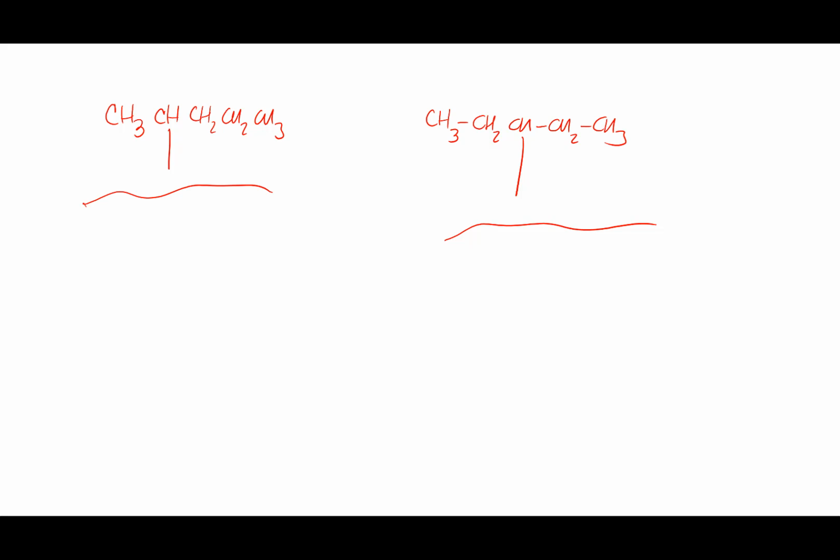So I can't say sec-pentyl, because it would not be unique. Some people might write the one on the left, some people might write the one on the right. So that's where the common names break down. So then we have another naming system.